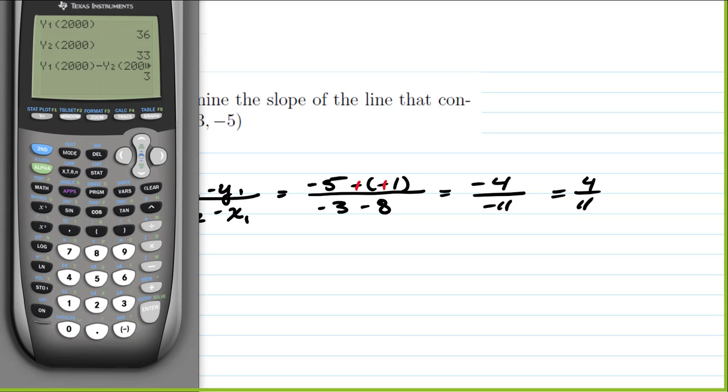You can also just type that directly into your calculator. If you go alpha y equals to get your fraction, you can just enter -5 minus a -1 over -3 minus 8, and it will tell us the exact same thing, which is 4/11ths, right?